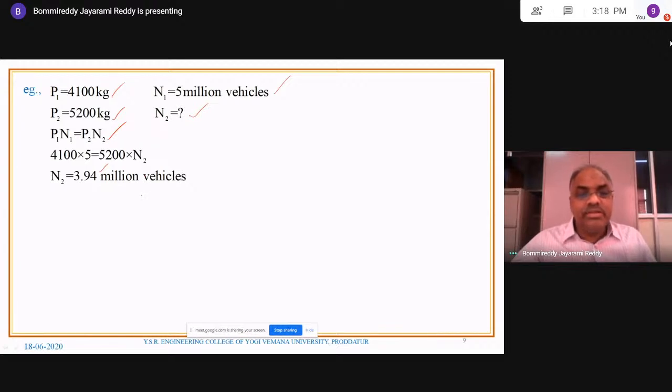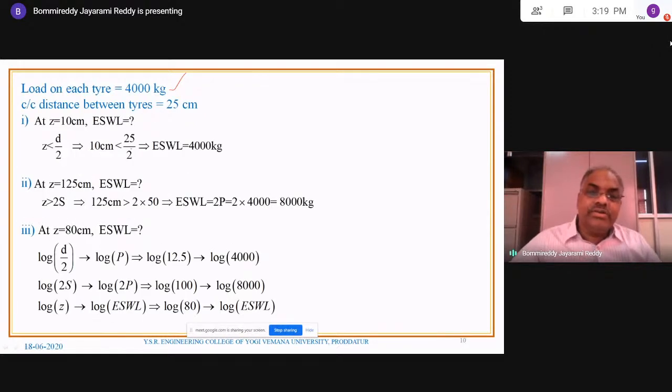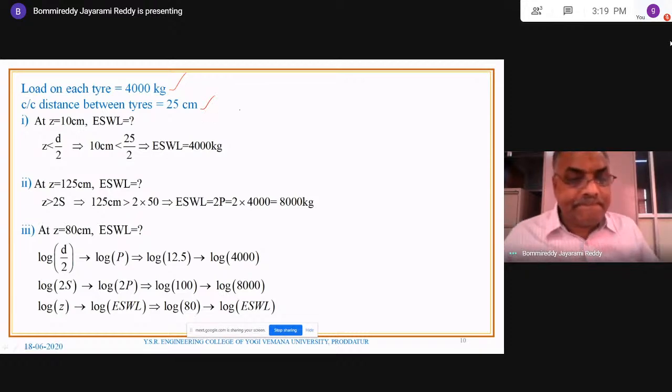Say the distance between the tires is 25 centimeters.